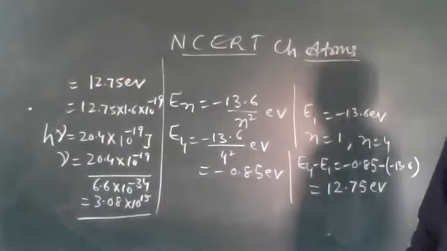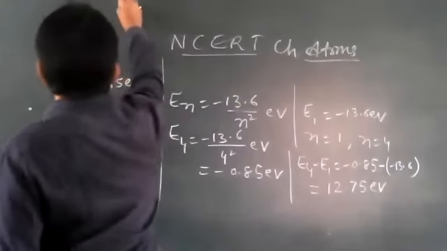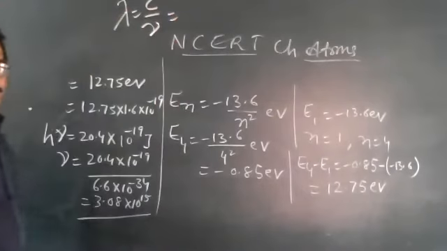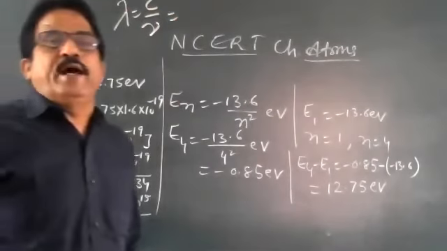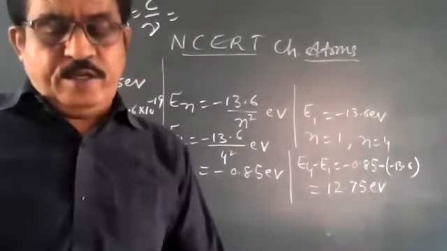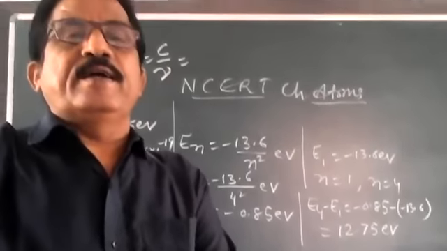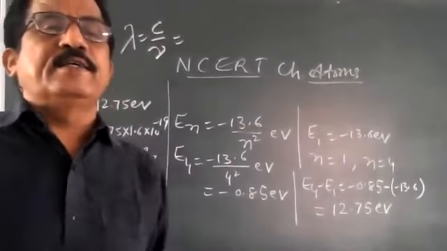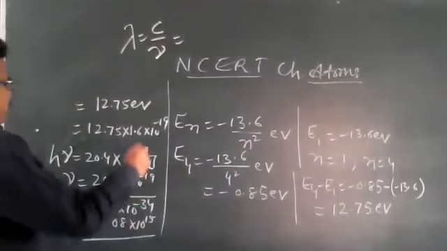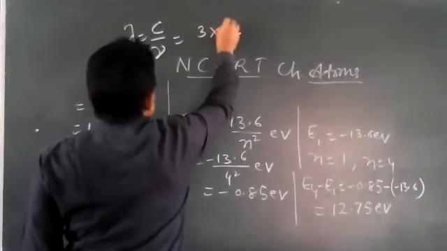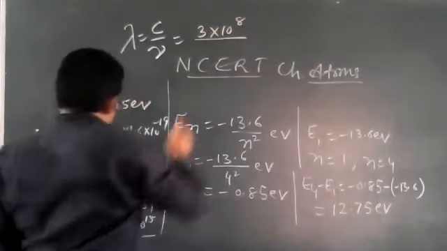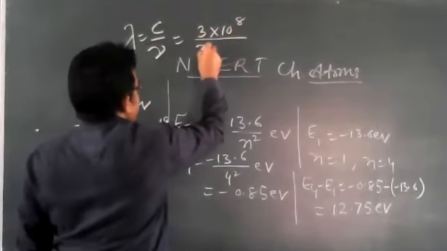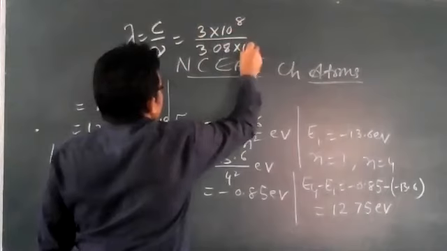Frequency has come, so you can calculate here lambda. Lambda is equal to C by nu. C is 3 into 10 to the power 8 divided by nu, that is this 3.08 into 10 to the power 15.